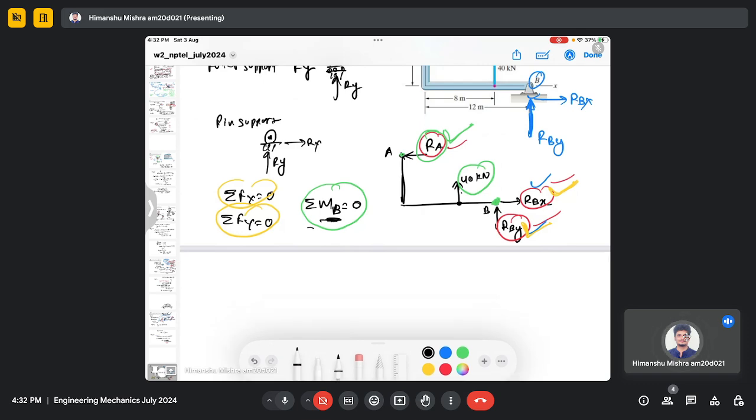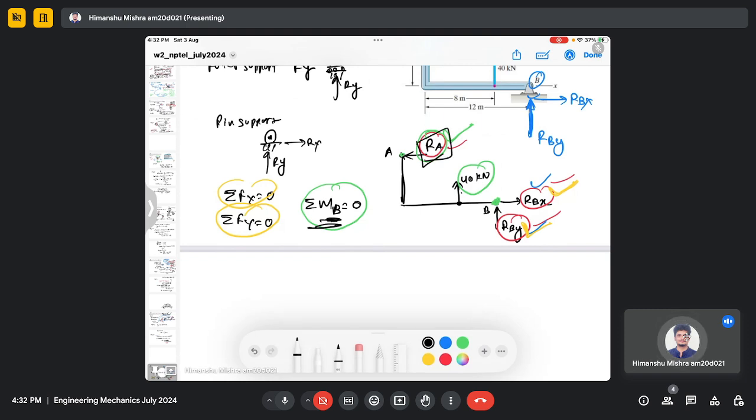So let's use the moment at point B, because then in one step we can easily find the unknown force Ra. If you use the moment at point A, you cannot find both unknown forces from this equation, but by using all three equations, you can find the unknown forces.